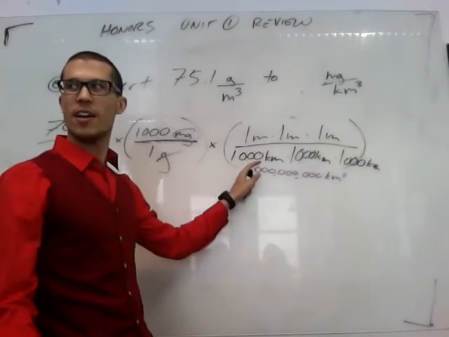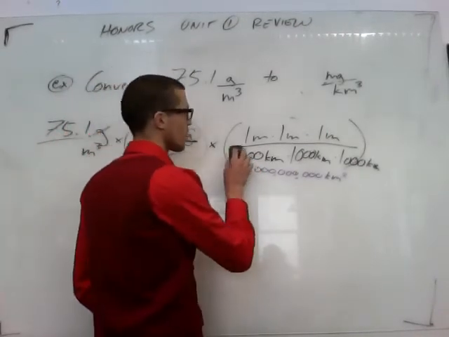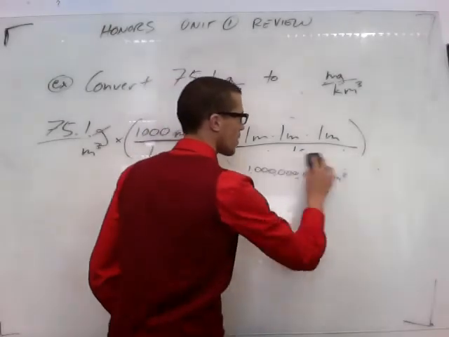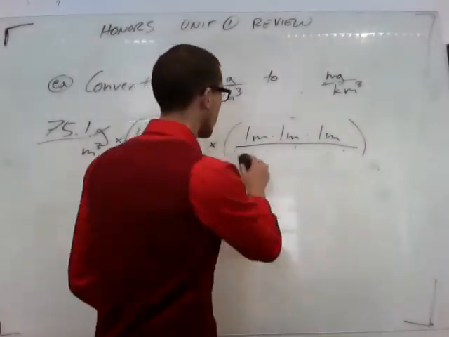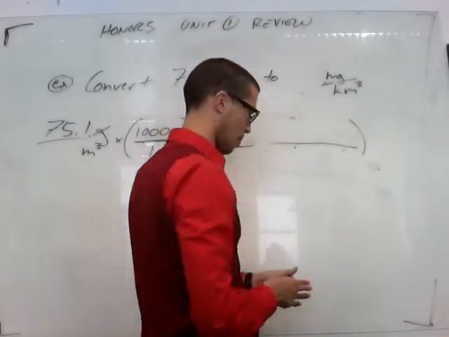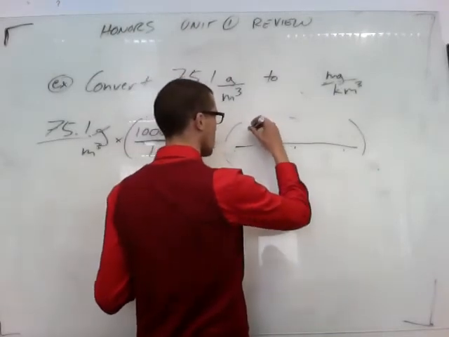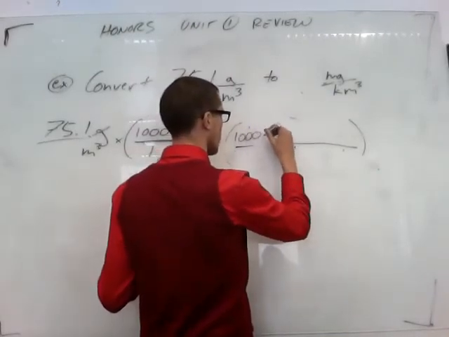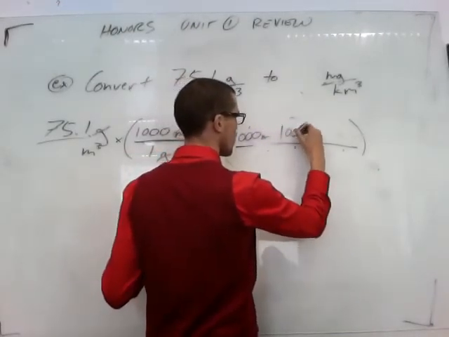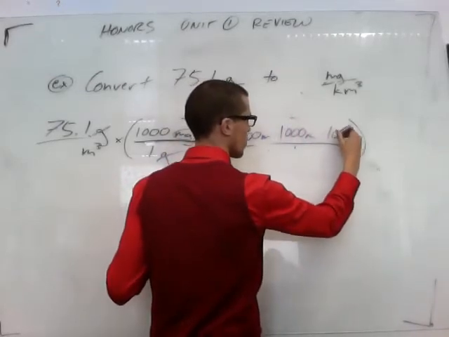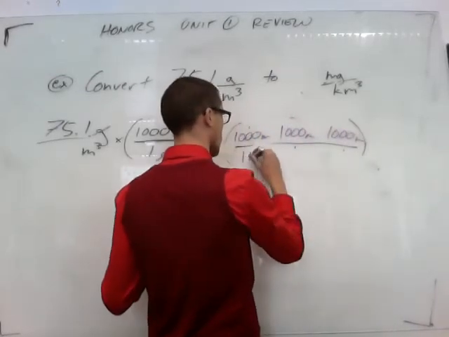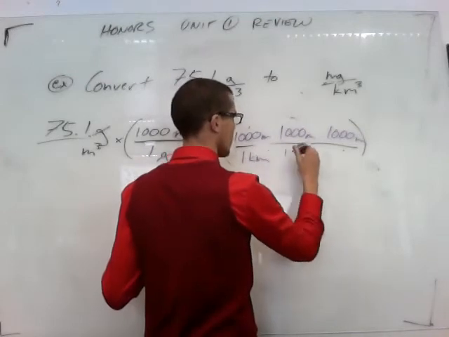No, it's the other way around. Yes. Okay, so it's 1 kilometer for every... So it's going to be that many zeros on top. I'm just going to put that big number. It's going to be 1,000 meters times 1,000 meters times 1,000 meters.